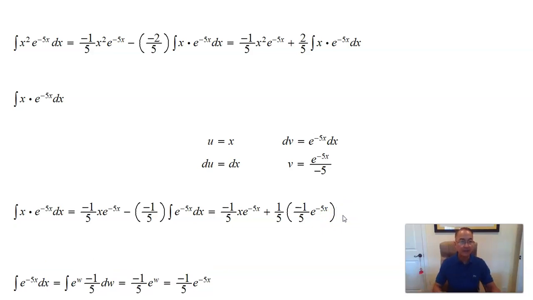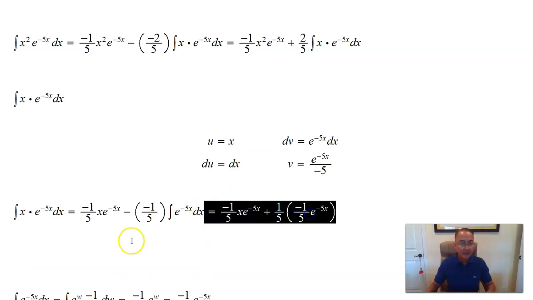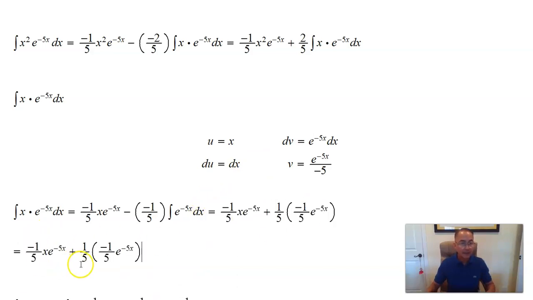So let us simplify this. We can keep the first term, but the minus 1/5 times minus 1/5 becomes a minus 1/25. Okay, there we go. Check one more time. That's minus 1/25 e to the minus 5x.